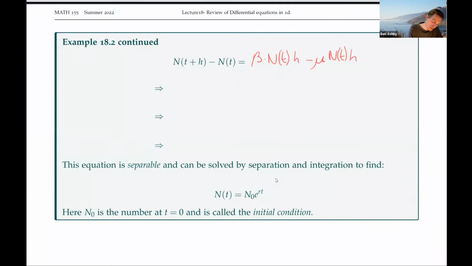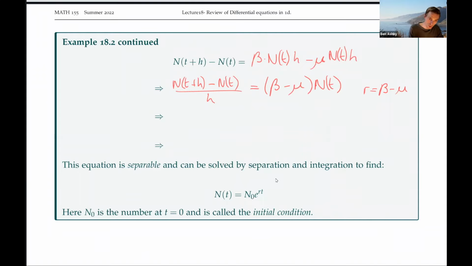And then we can divide through by h on both sides. And we can write beta minus mu, so we can take out a factor of n of t. And we can write this beta minus mu as just one parameter. So beta and mu are just constants, so we can replace beta minus mu with another constant r.